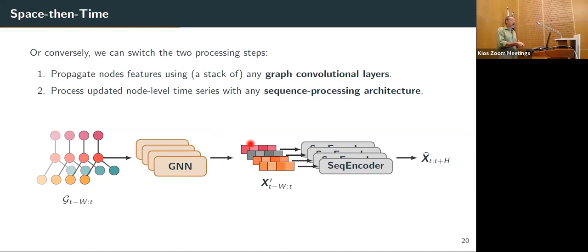And the outcome is going to be a time window of what is going to be predicted. But in reality, this one is just processing space. Now you take these latent representations, and then you apply convolution over time. Recurrent networks, for instance, linear ARMA models. And then you get the forecasted values.